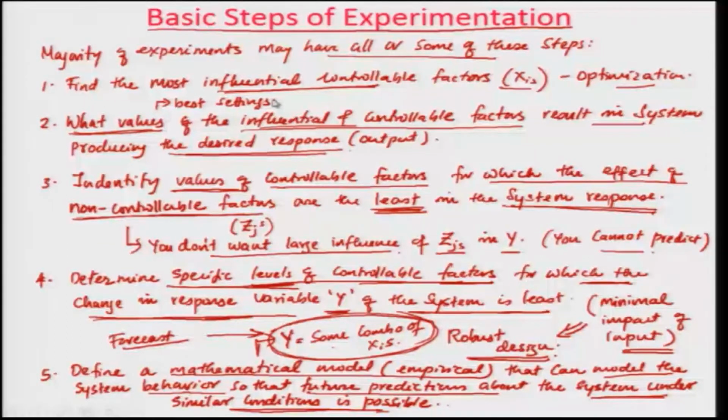Then the third one we said is we also want to find out those values where the effect of the Zj's, the non controllable factors, is least in the system response. And we would like to have those settings where the Zj's are of minimum impact. And then we also would like to find out those factors for which the change in y is the least, or we want to do what we call a robust design. Using all these things, we would like to create a mathematical or an empirical model that models the behavior of the system, so that if the same conditions happen in future, then we can predict the system.